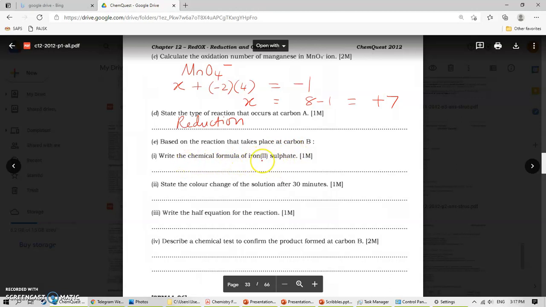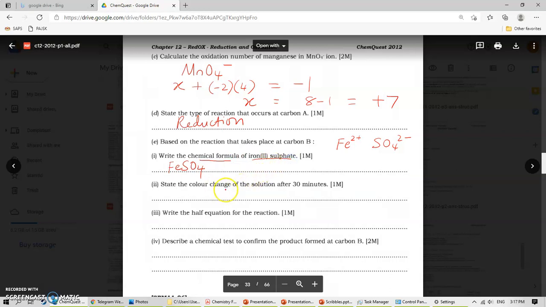Iron 2 is Fe2+, sulfate is SO4 2-. So we just need one Fe2+ ion and one sulfate ion. Put them together, you get FeSO4. This is the chemical formula for iron 2 sulfate.